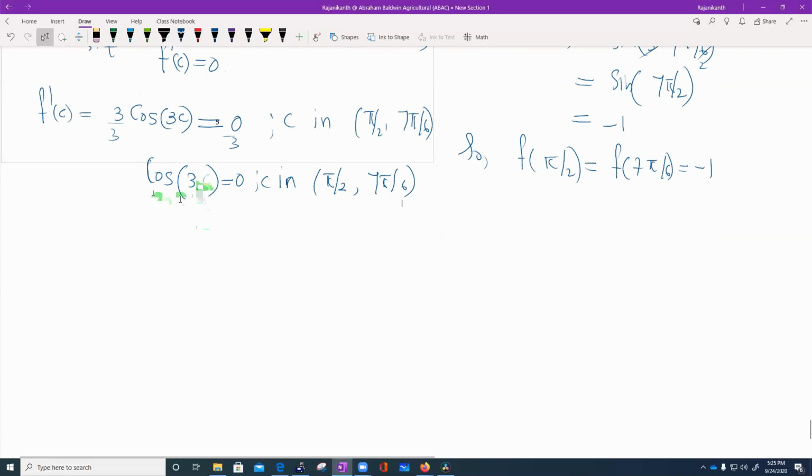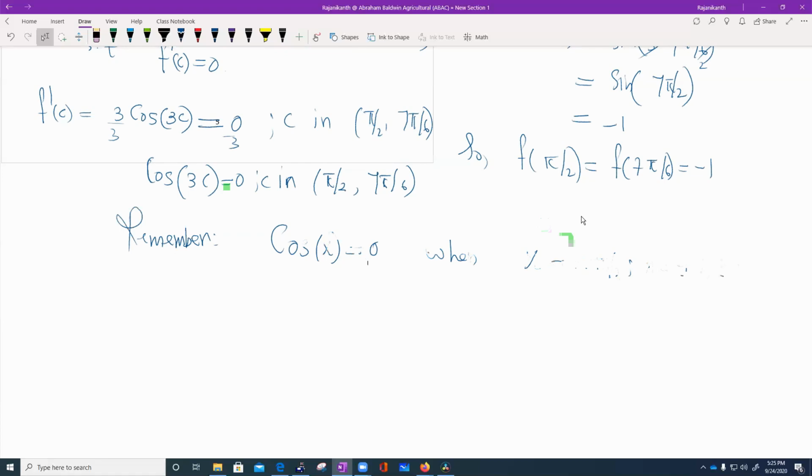Remember, cosine x is always 0 when x is an odd multiple of pi over 2. Your n could be any odd number, maybe negative as well. If you plug in 1, 3, 5, positive and negative, into n pi over 2, cosine of an odd multiple of pi over 2 is always 0. Am I right?